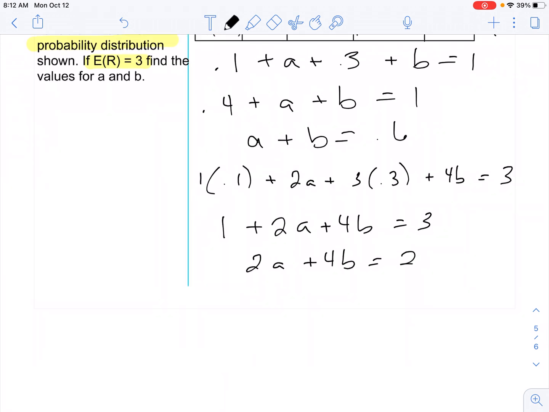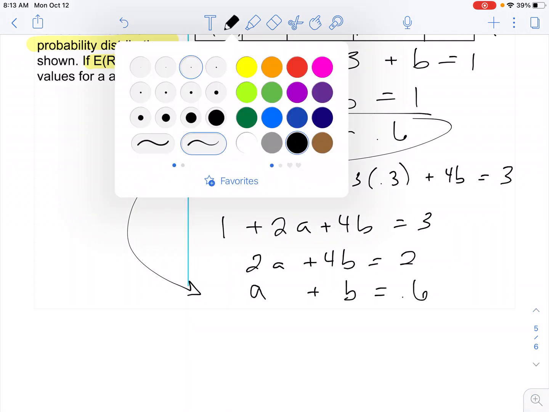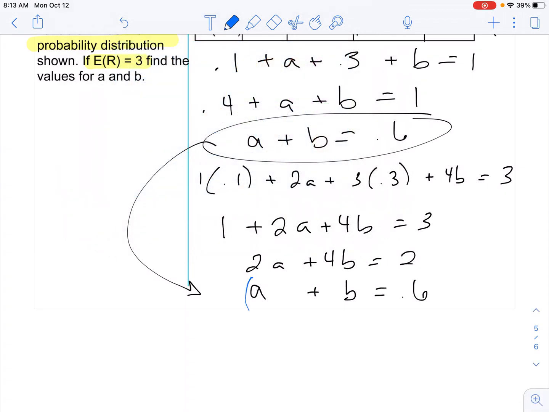Now if I bring this equation down, I have a system of equations and I can solve that by elimination. So I'm going to multiply this one by -2, and I'm going to add it to 2a plus 4b equals 2.